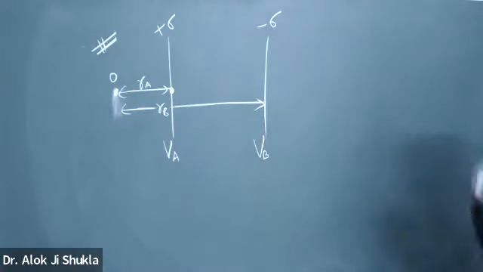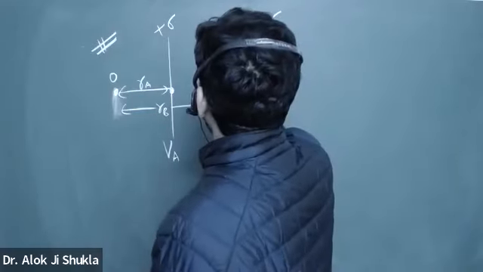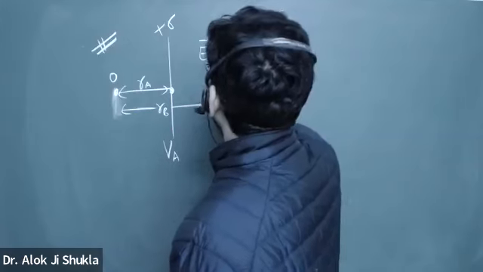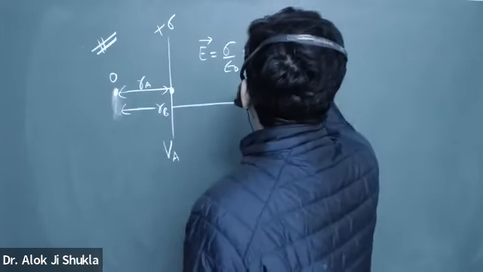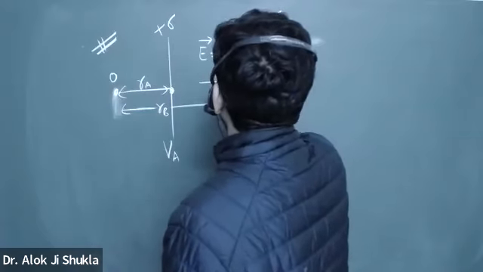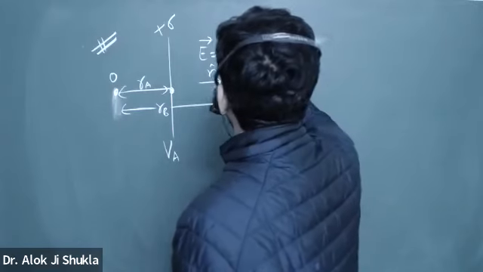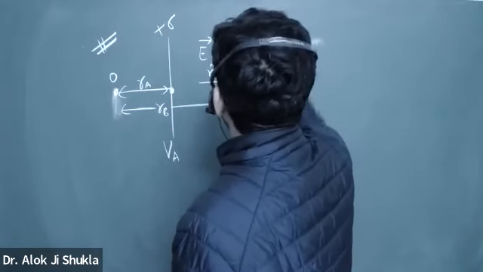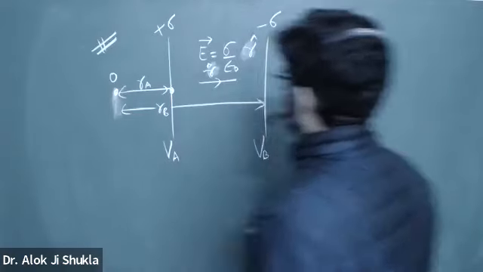ठीक है? What is field in between? Sigma by epsilon naught in the direction n cap. I mean, this is suppose n cap or r cap. Let us take this r cap. So this will become r cap direction.